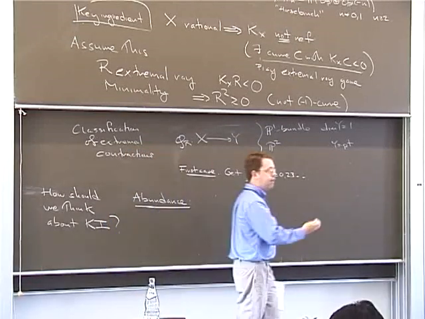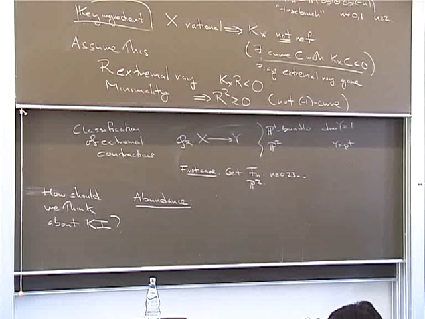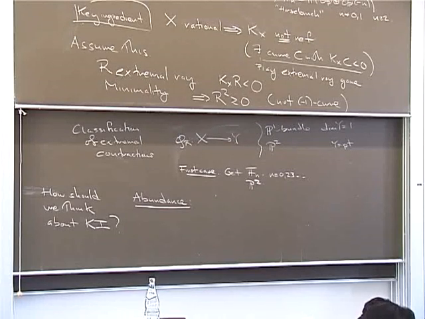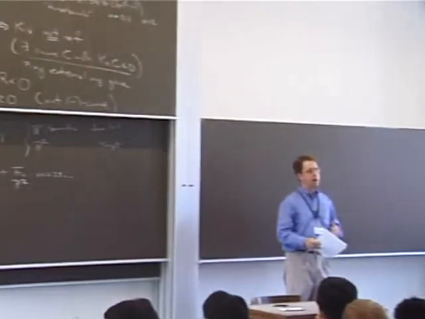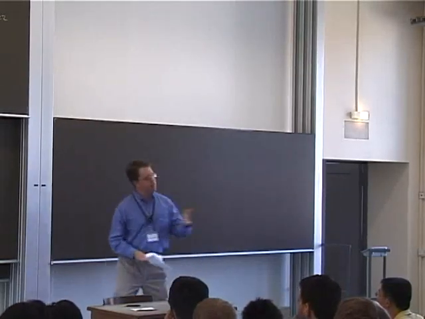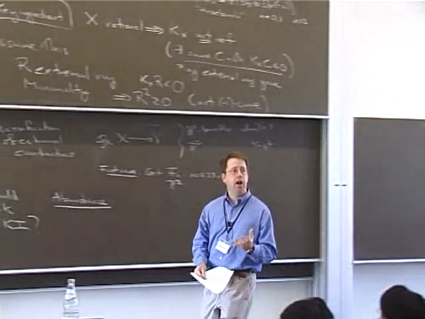And so let me give you a sample statement of what we mean by abundance. I think abundance, the term is kind of a joke. I don't know the history, I'm too young. But ample means you have a lot of sections. Abundant is a little bit weaker than ample. It means you have sections, they're prevalent, but abundant sections are fewer than ample sections. So you should see this as, in some sense, a weakening of ampleness.